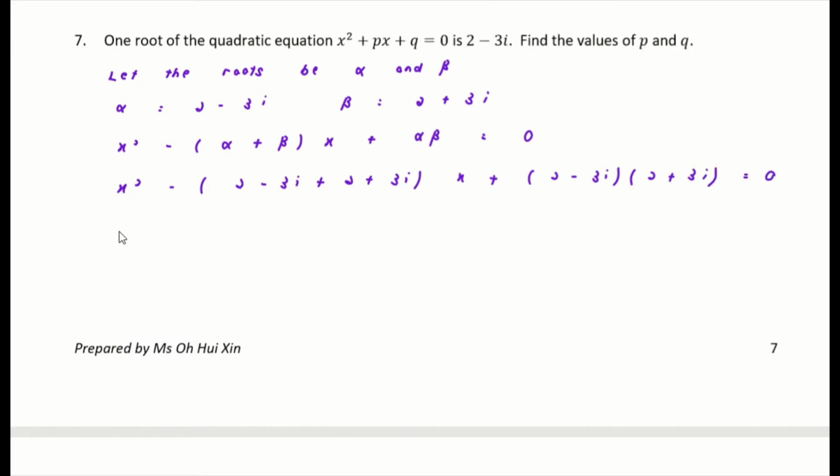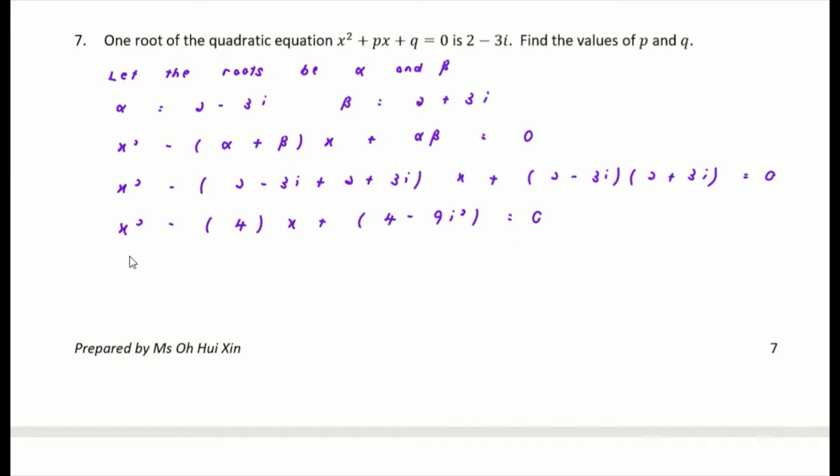Now we simplify it. So x squared minus 4x, because there's no i anymore. Then plus, I need to expand this, so I get 4 minus 9i squared.